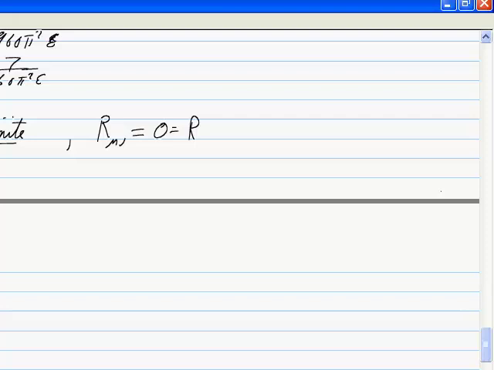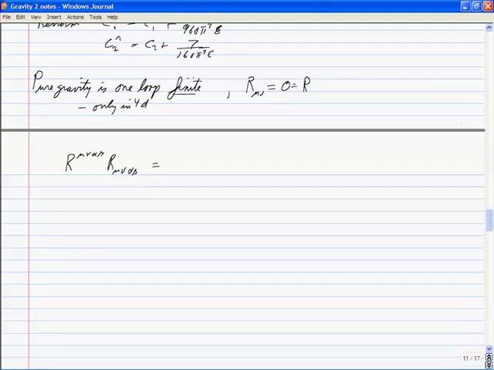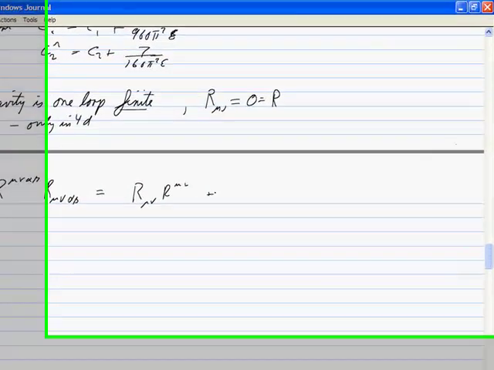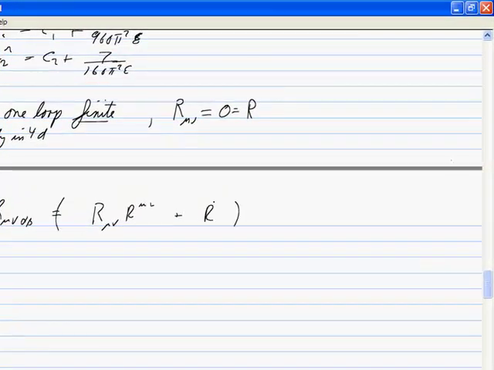So the 4-index curvature doesn't vanish in pure gravity, but that combination can be written as a combination of R mu nu and R squared terms. I'm not sure if I have the identity here. Maybe I do. But there's some identity that in 4 dimensions reduces this down to that.